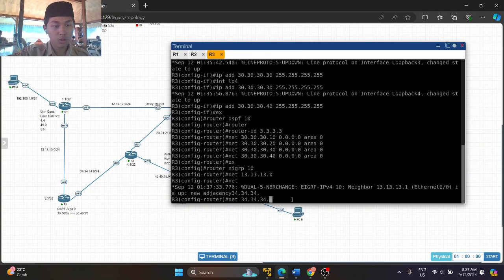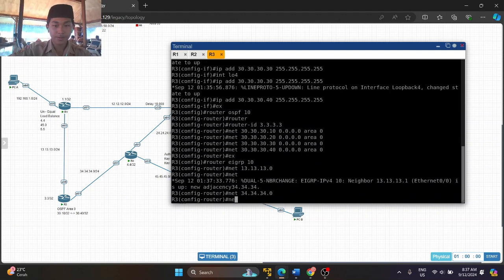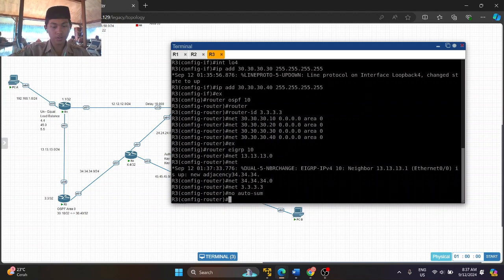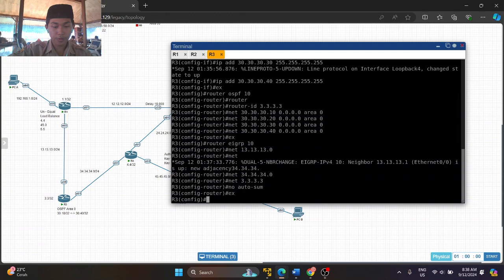Sorry guys, my laptop is still lagging. Network, no auto-summary. Okay. I forgot to redistribute the OSPF.